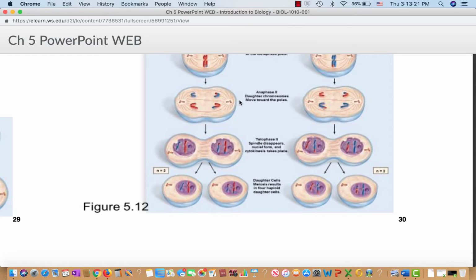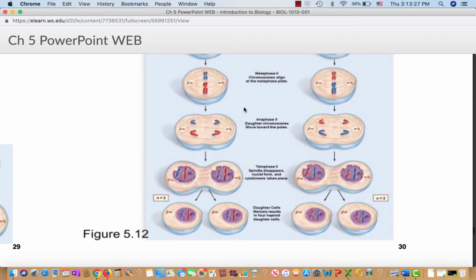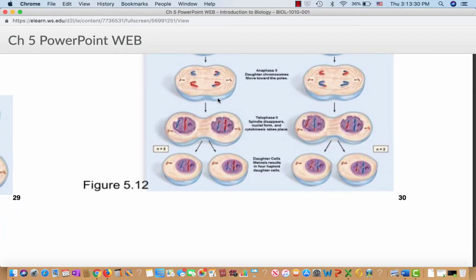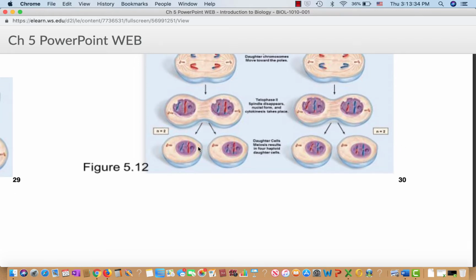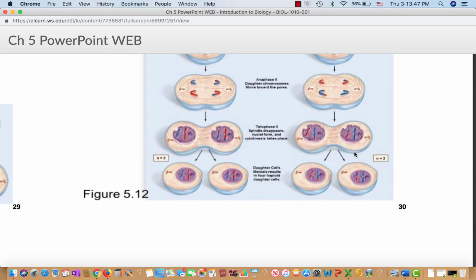Anaphase 2, you separate them out, and then you go straight into telophase 2, where you've separated everything out, and you form the cleavage furrow. You've got your two daughter chromosomes, and you can see, just based on the color here, how different these are compared to the original cells.